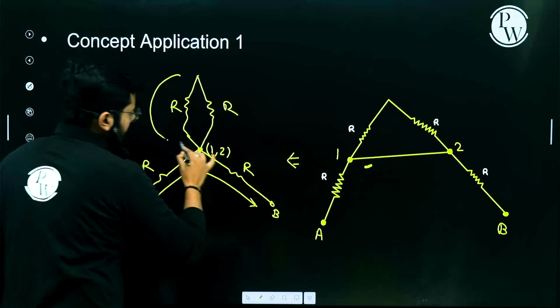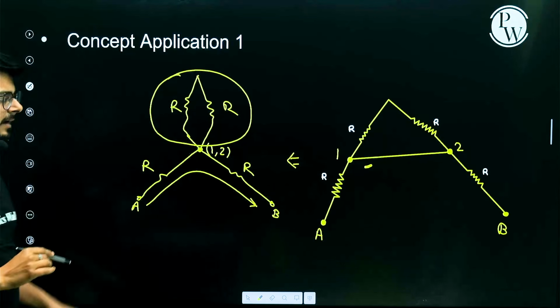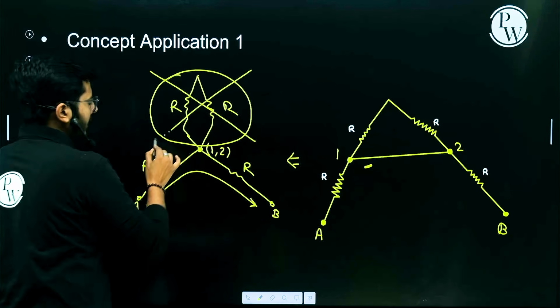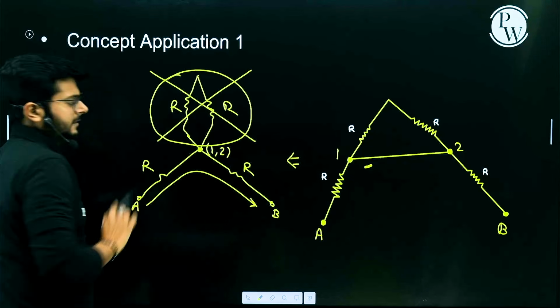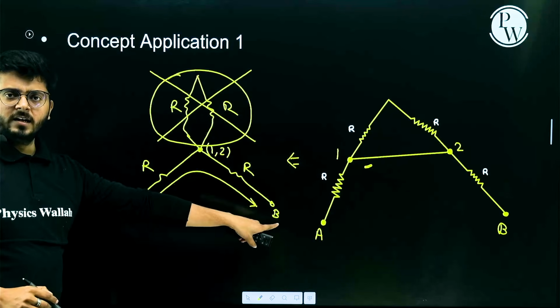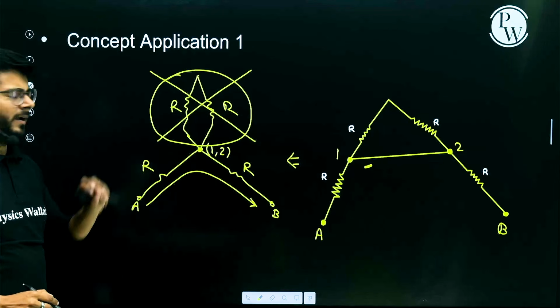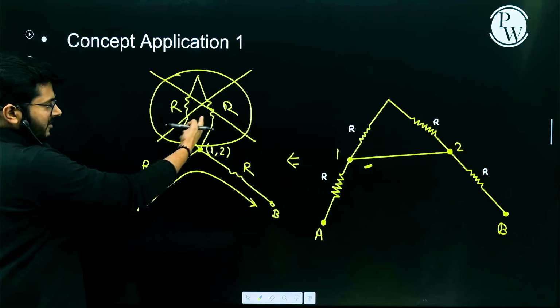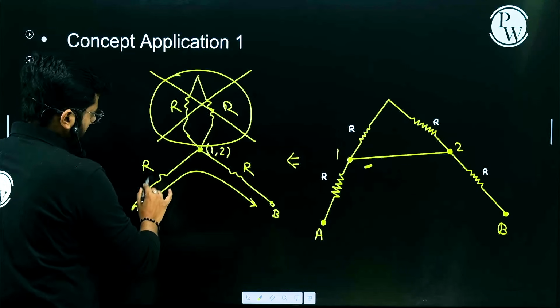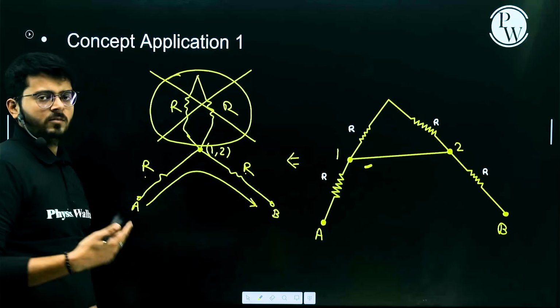This entire thing is not a part of the closed circuit, and we may drop it. This is not going to get any current. Current will simply flow like this, because this thing is not a part of the closed circuit, right? It is simply hanging off this particular point. Okay. Now, since this is not contributing to a closed circuit, it will not get any current. So the remaining circuit only has this R and R. The net resistance will be 2R.